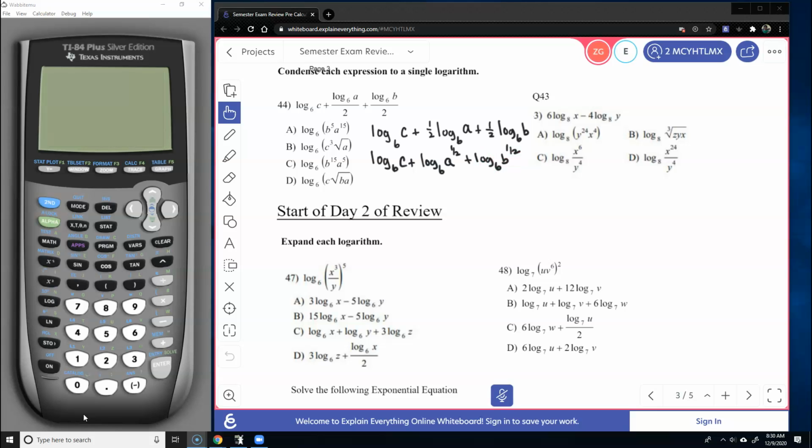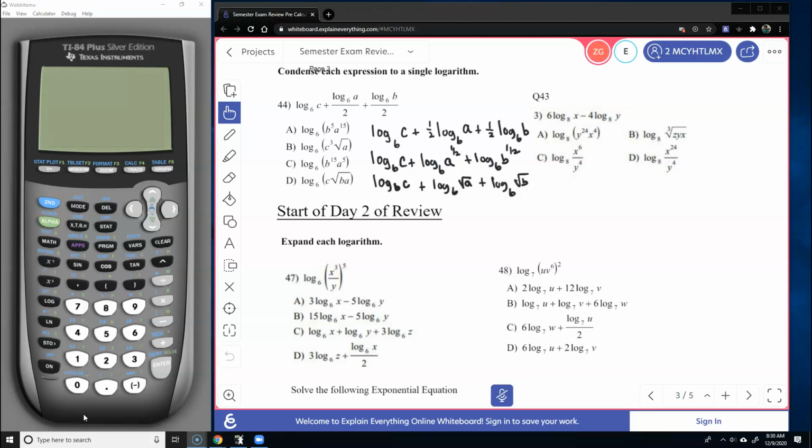And remember that if anything is raised to the 1/2, or anything that has a fraction, it's a root. So you have log base 6 of c plus log base 6 of the square root of a, plus log base 6 of the square root of b.